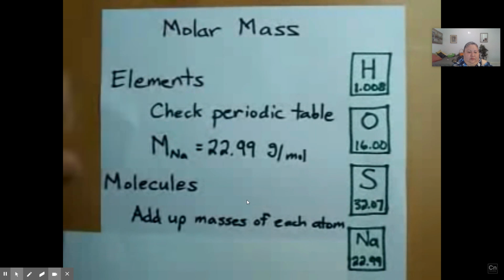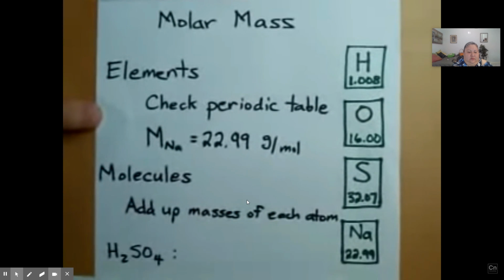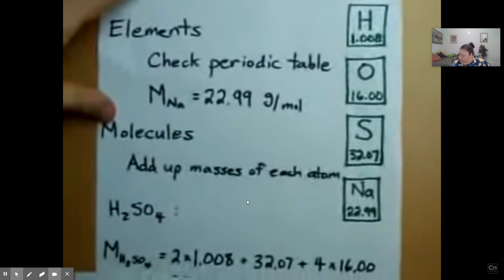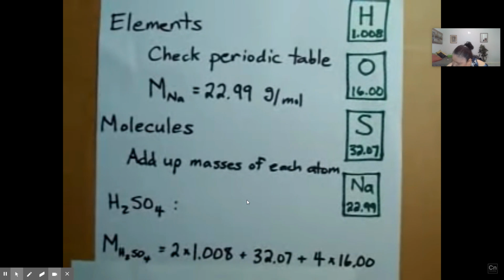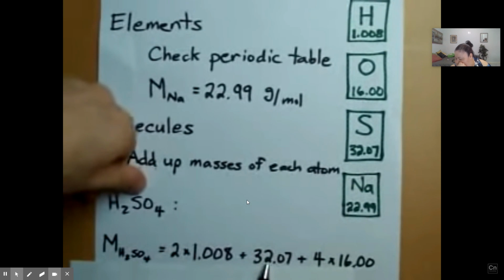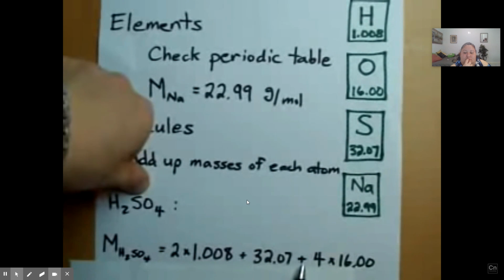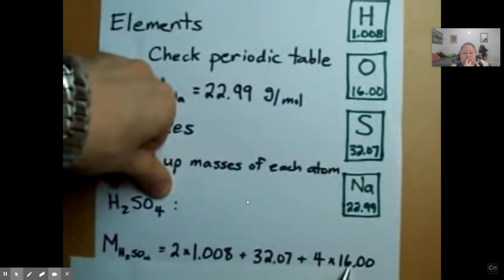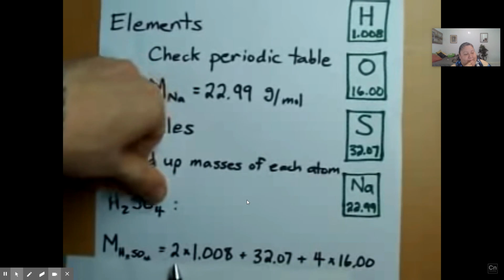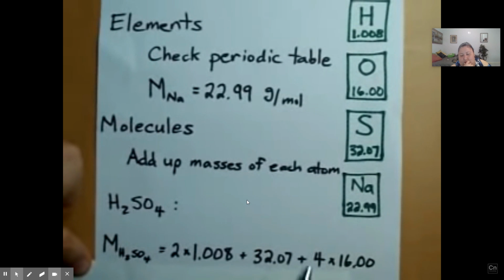Of a molecule, things get a little more complicated. We have to add up the masses of each of the atoms. For example, H2SO4 has 2 hydrogen atoms, 1 sulfur atom, and 4 oxygen atoms. What we do to calculate the molar mass is take 2 times the molar mass of hydrogen plus 1 molar mass of sulfur plus 4 times the molar mass of oxygen, because we have 2 hydrogen atoms, 1 sulfur atom, and 4 oxygen atoms.